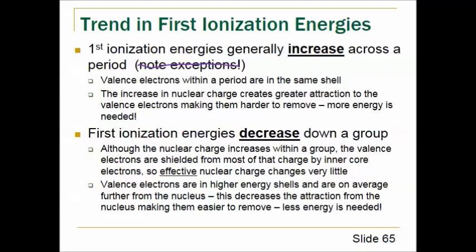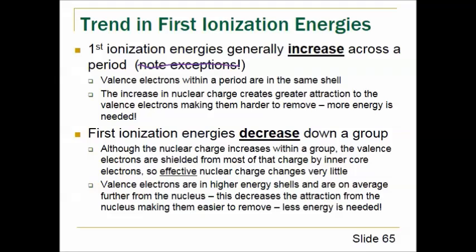Well, remember we said when we discussed the radius of atoms that the valence electrons were in the same shell. They're in the same energy level. So when you go from lithium across to neon, all the valence electrons are in level 2, 2s and 2p.